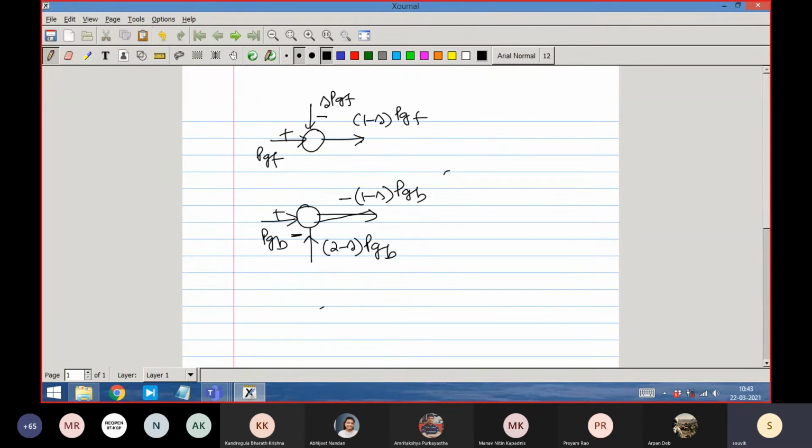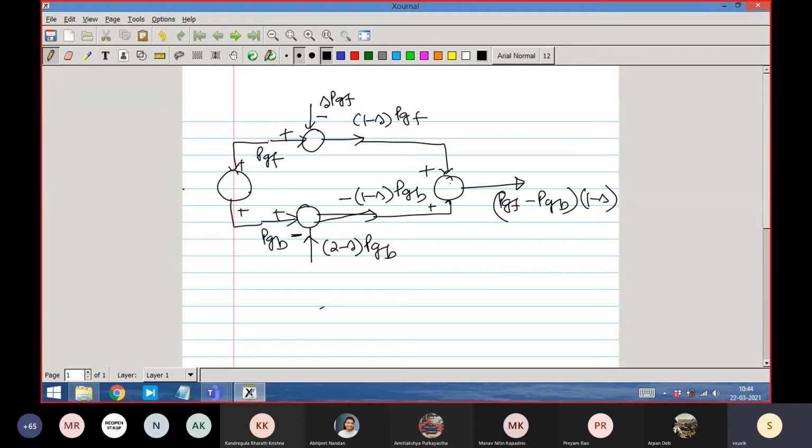So 1 minus SPGB, and these two things are now added to give you PGF minus PGB into 1 minus S. Whereas this one is summed up here.